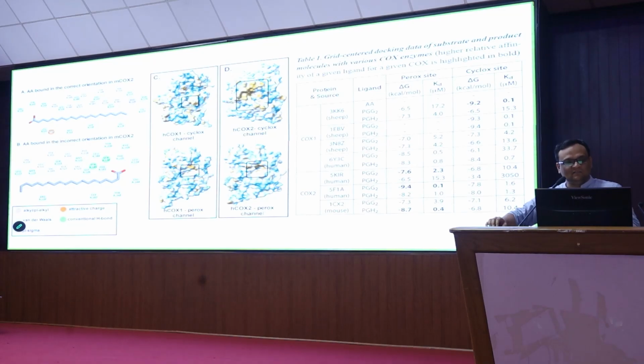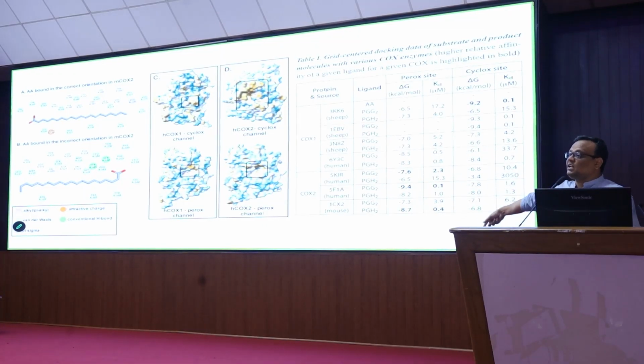So we tried to study that in both the peroxidase and cyclooxygenase site. We bound the molecules and checked whether there is any scope for differentiating the substrates: arachidonic acid, prostaglandin H2 and PGG2. Now you must understand that PGG2 is formed first, arachidonic acid becomes PGG2 in the cyclooxygenase site.